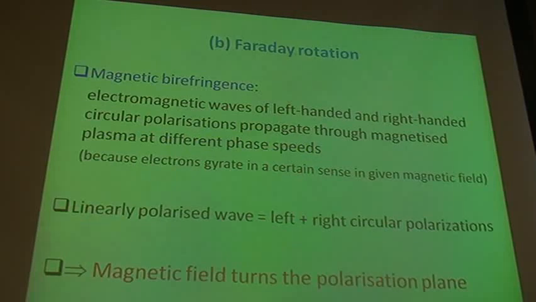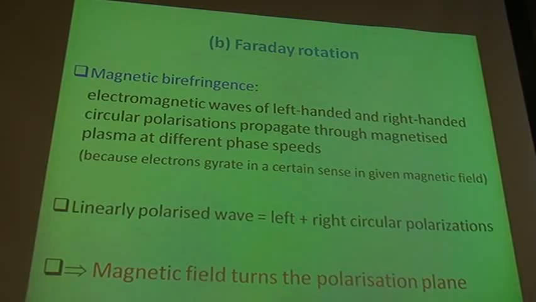So, Faraday rotation. Imagine that you have magnetized plasma with free electrons and free ions, and then a circularly polarized wave propagates through this plasma.